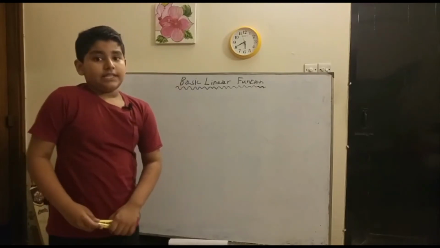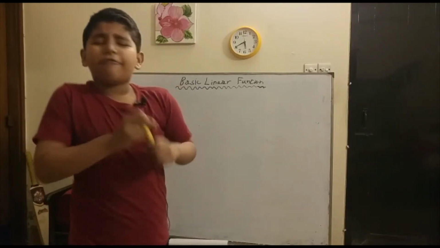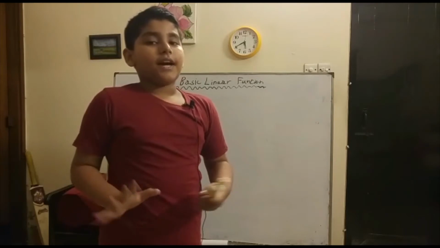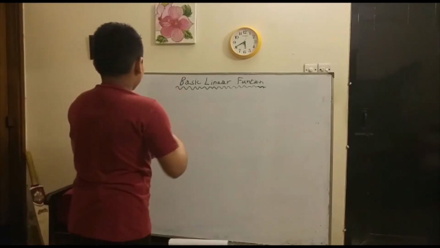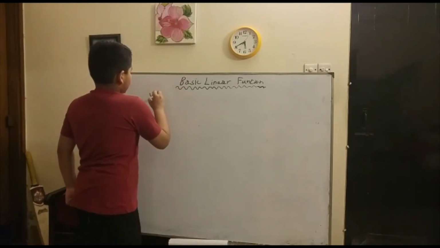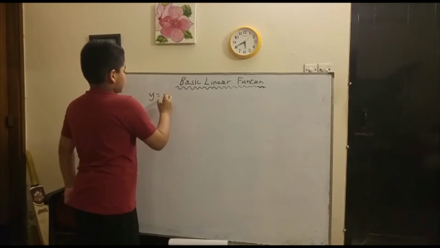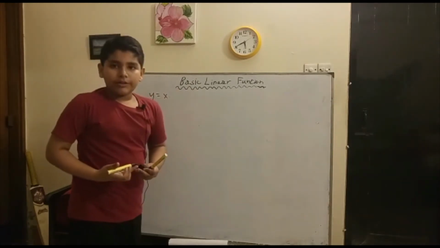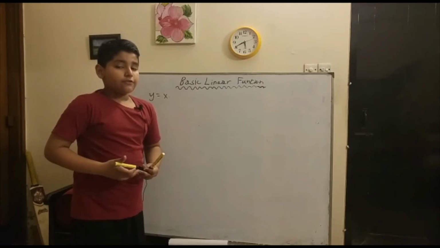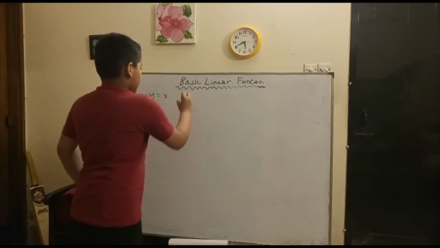Now that we have this f of x thingy clarified, let's see some basic functions. Y equals x. First thing, when you are given a function, you have to make a function table.